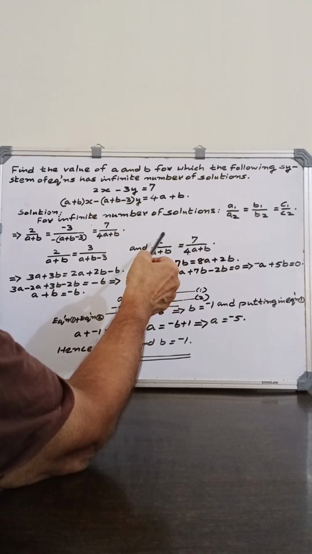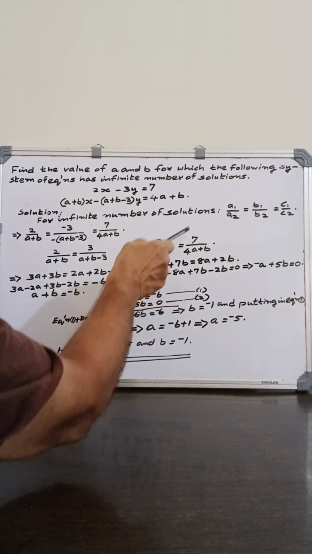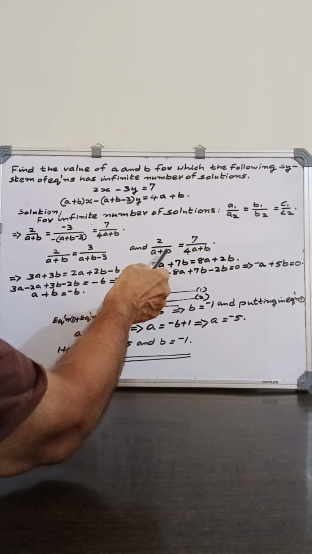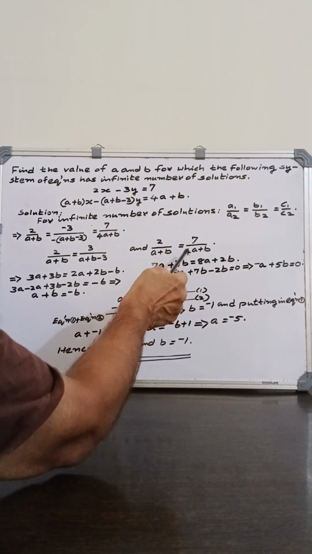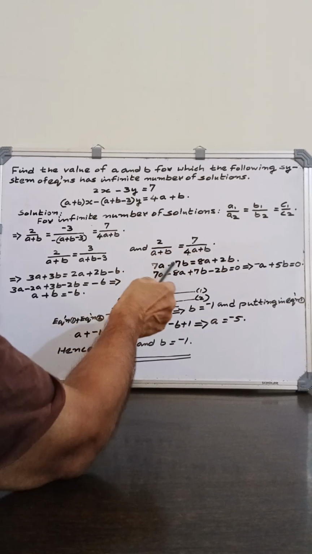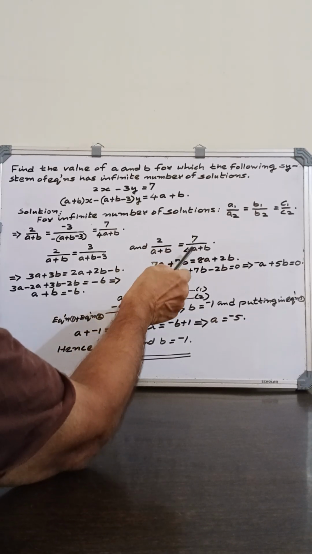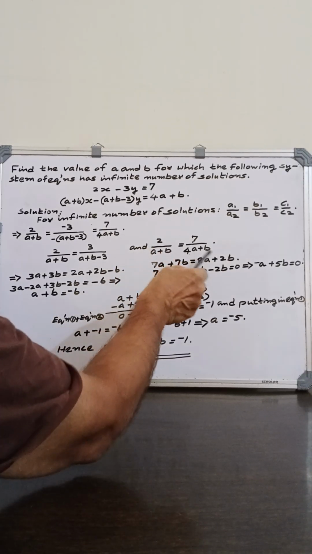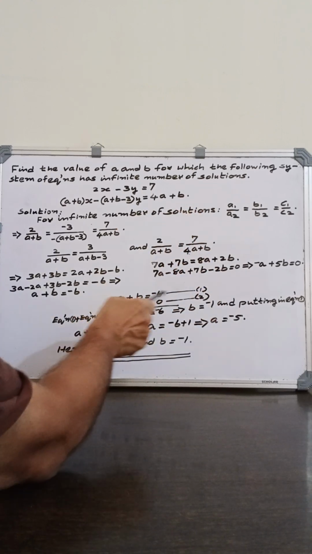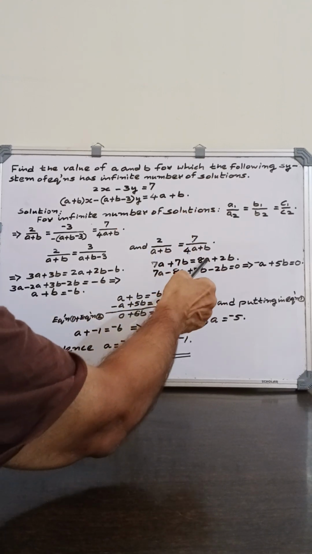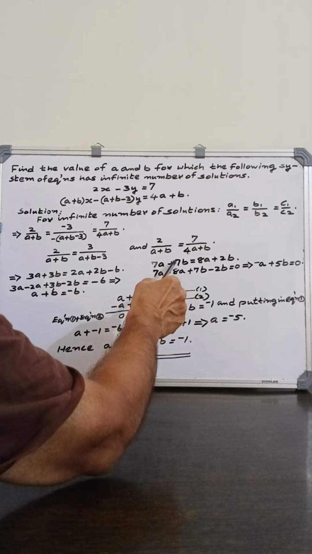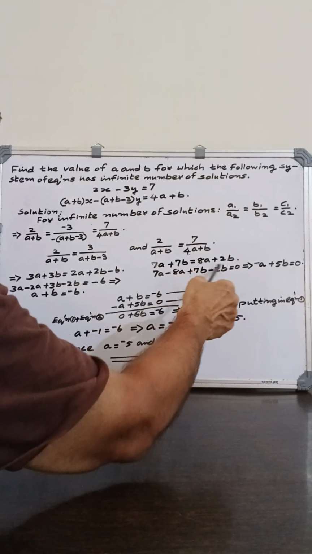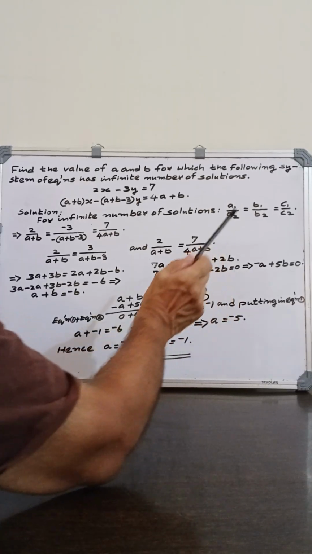Here, 2 by a plus b equals 7 by 4a plus b. 7 into a plus b equals 2 into 4a plus b. That is 7a plus 7b equals 8a plus 2b. That is 7a minus 8a plus 7b minus 2b equals 0, since nothing remains on the right.